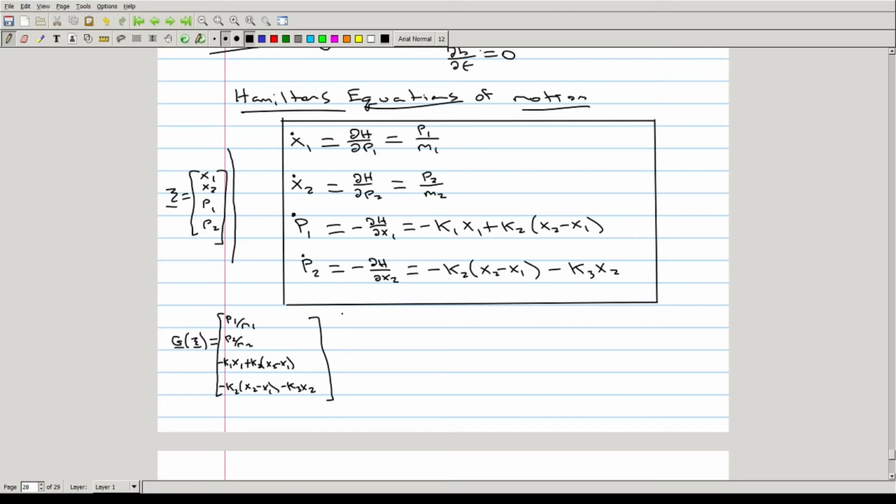So the motion of these two springs is described by an autonomous system of four first order ordinary differential equations.